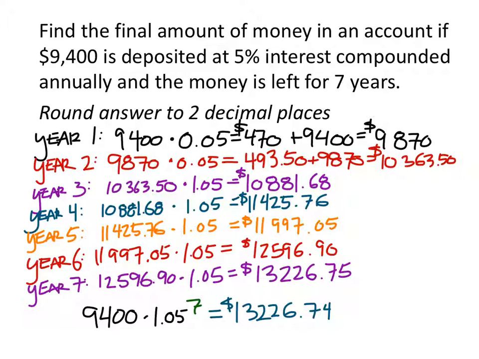Just know either way that you do it, I'm okay with it. It's off by a penny. That's because of all the rounding we did in the 7 sets, and this one, well, there's no rounding, except in the end. Well, this does give us a formula, by the way.